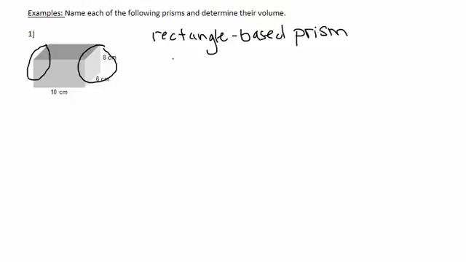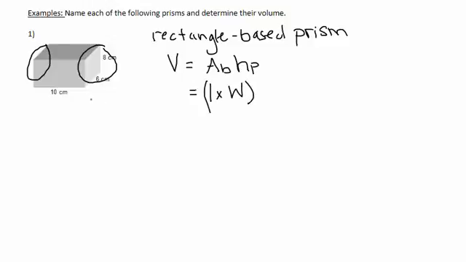Now to find the volume, we use our equation from before. So a volume of a prism is equal to the area of the base times the height of the prism. So in this case, the formula for the area of the base would be whatever the formula is for a rectangle's area, which we know is actually length times width.